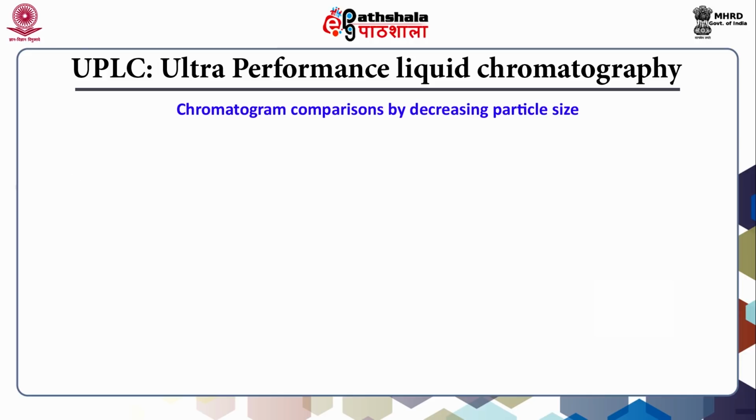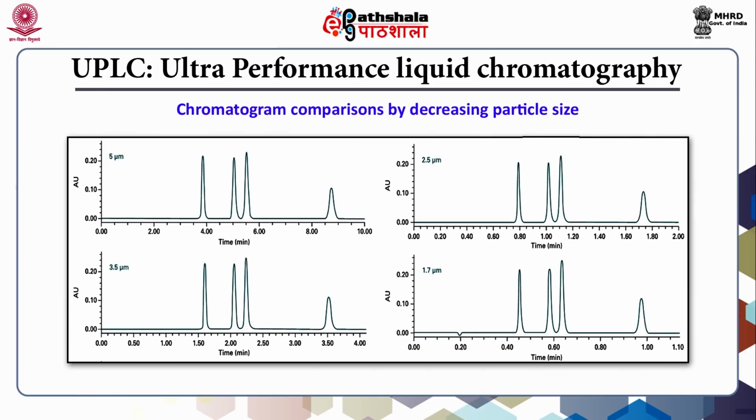In this slide we can see 4 pictures, and all 4 look similar, but the difference between them is only in the retention time. What is the difference? We have used the same compound, one analyzed by HPLC, another analyzed by UPLC.